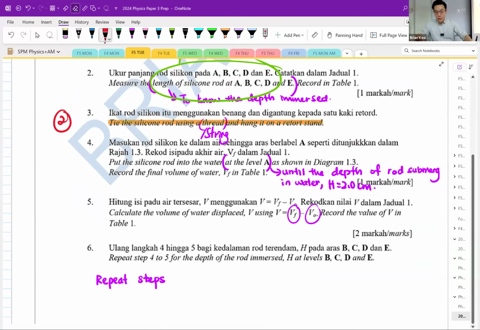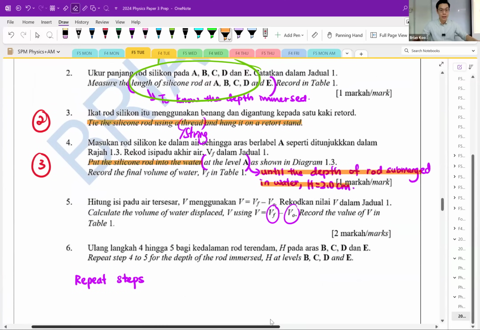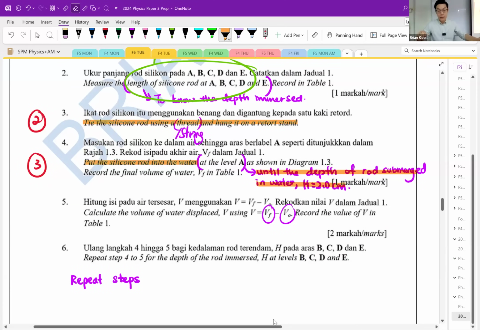Okay. Number three, you can write this: put the silicone rod in the water until the depth of rod submerged in water is that. Record the final volume, VF. Number four, calculate the volume displaced. Okay, you don't have to say record in the table, don't need.